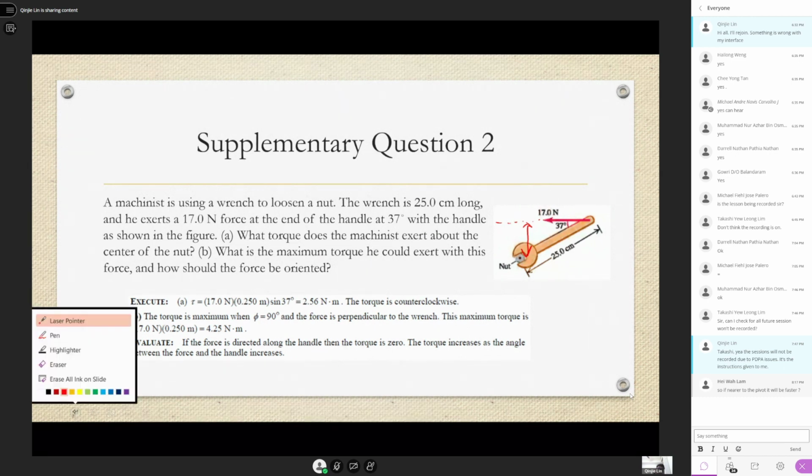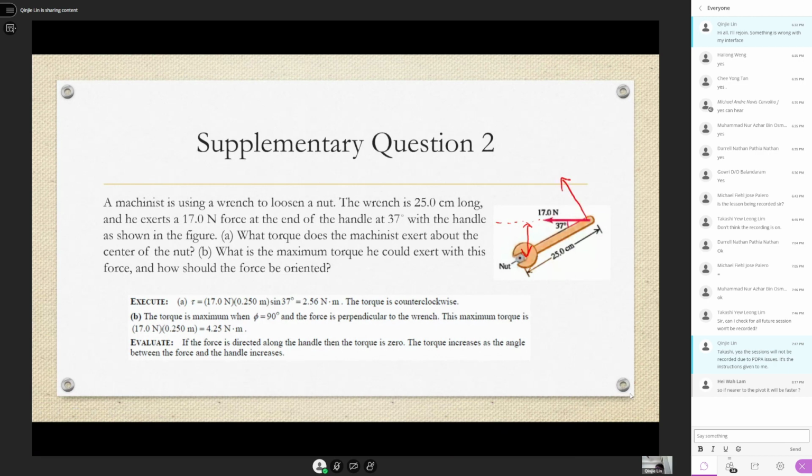In other words, he is wasting energy. He should have been applying it like this. If this is 90 degrees, that will give you the max torque, because you apply at the furthest end and you make it 90 degrees. So that's the way to turn the nut.